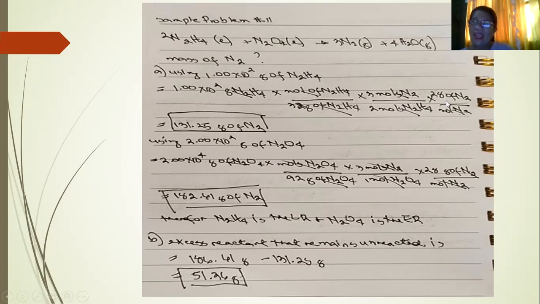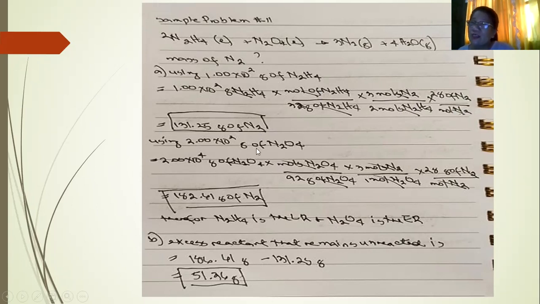And get the molecular weight of dinitrogen, that is the diatomic nitrogen, that is 28, 14 times 2. Then cancel the mole. What remains is the grams of nitrogen. So multiply this, and you come up with 131.25 grams of nitrogen.